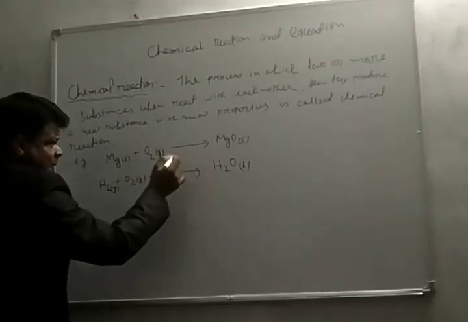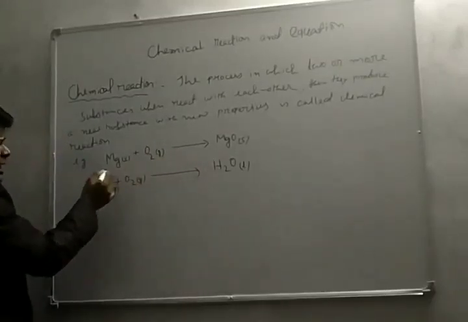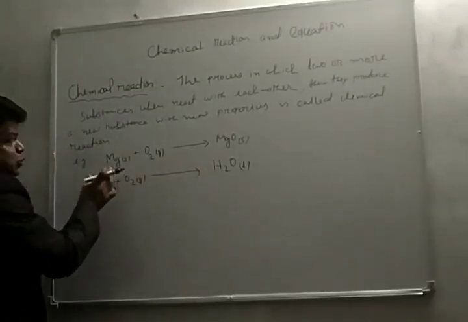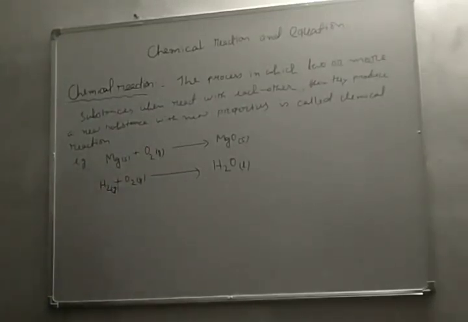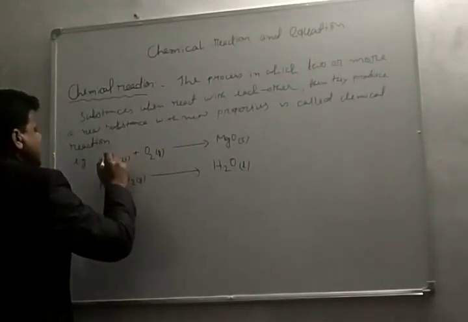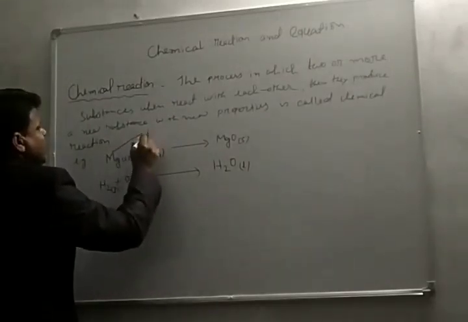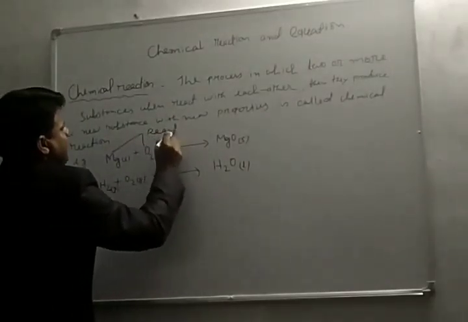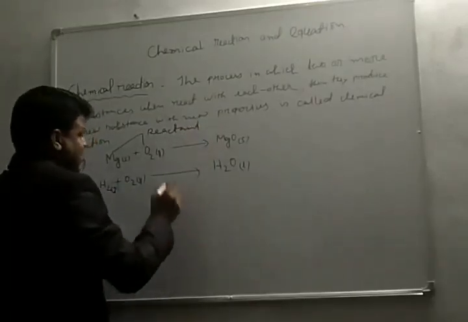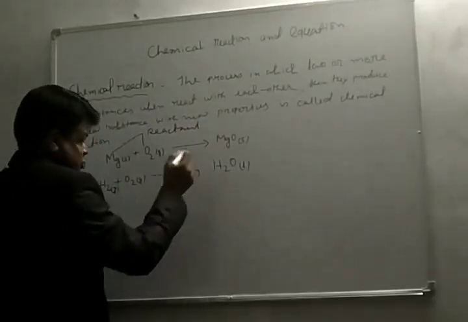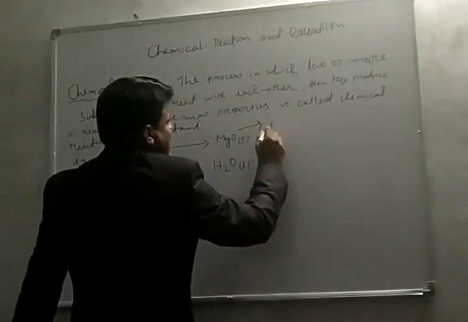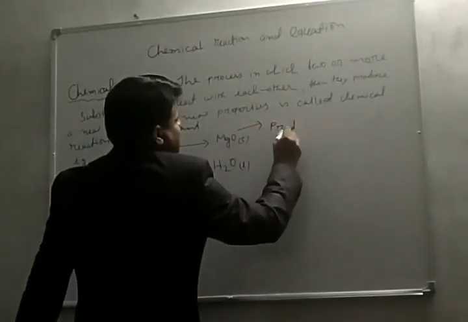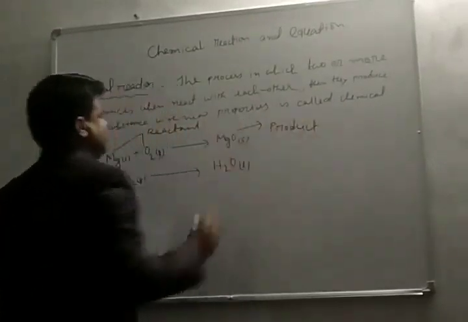At the tail side of the arrow, the substances which react with each other are called reactants. And after their reaction, the new product that is produced is called the product.